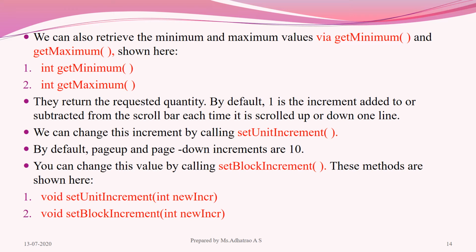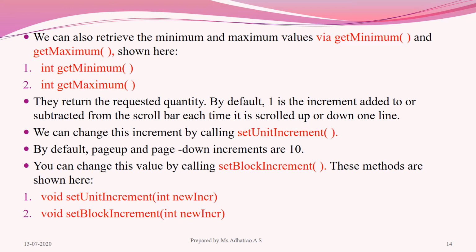By default, 1 is the increment added to or subtracted from the scroll bar each time it is scrolled up or down one line. We can change this increment by calling the setUnitIncrement method. By default, page up and page down increments are 10.